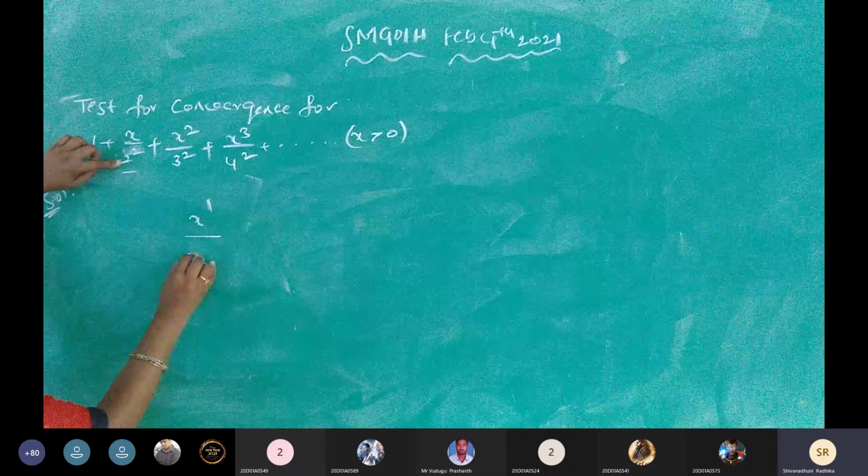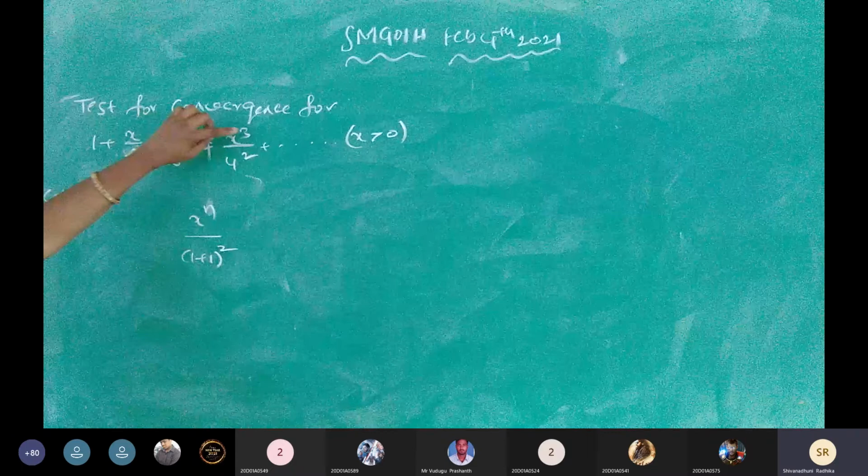Squaring is common for all terms, and the numbers are 1, 2, 3. So I select the power as n, and the denominator is n plus 1. So the nth term is x to the power of n by n plus 1 whole squared, for all values of x.